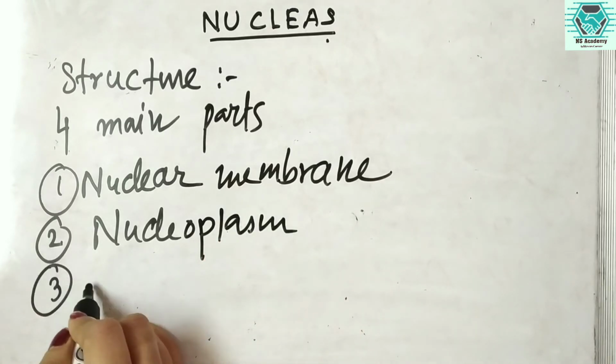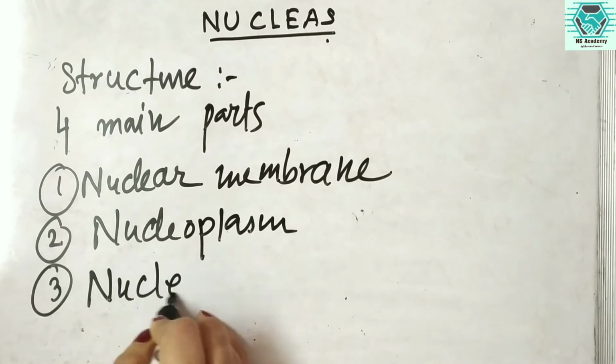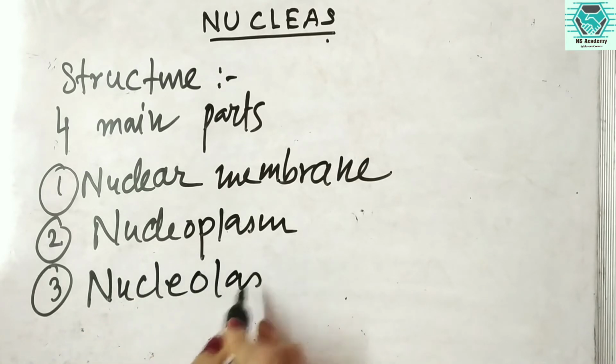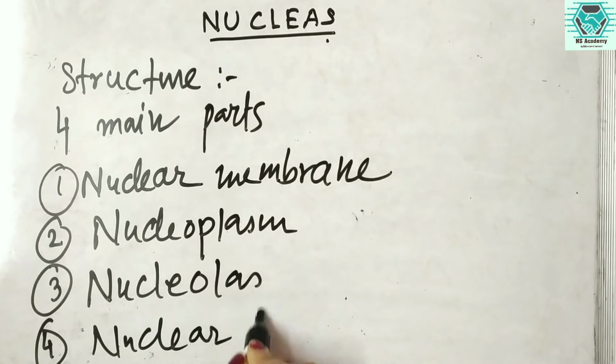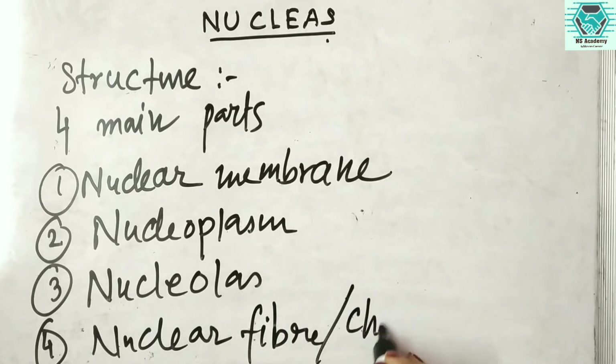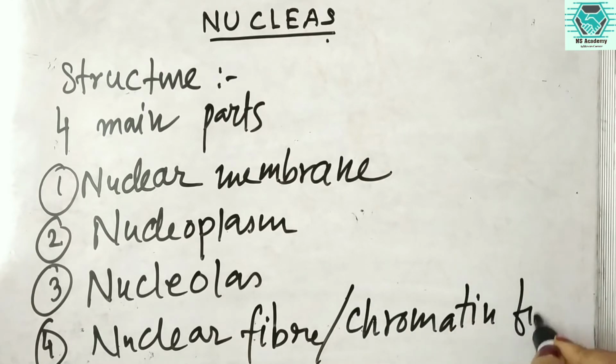Number three, nucleolus, and number four, nuclear fiber or chromatin fiber. So these are the four basic parts of nucleus.